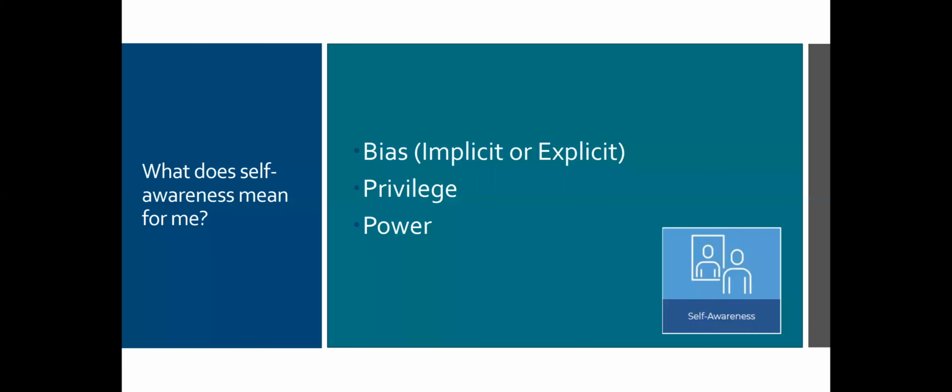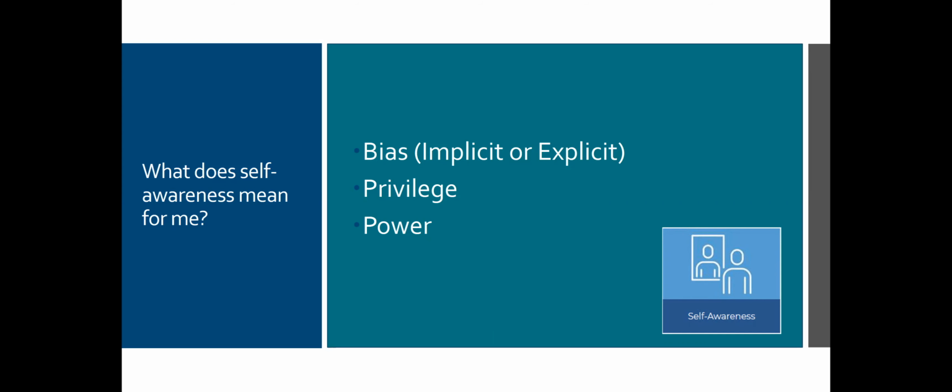So, for instance, we may hear privilege being described from a race perspective, where some people have privileges because of their race, not because of their individual identity, but because societally those identities are seen in a different way.